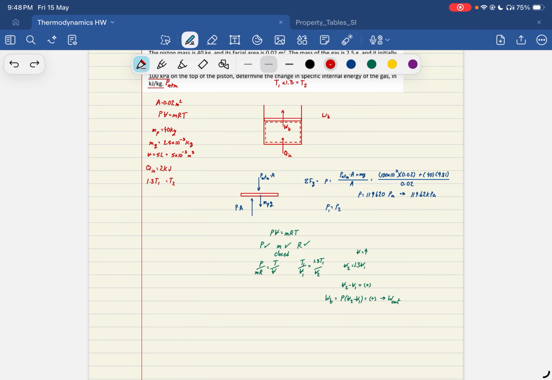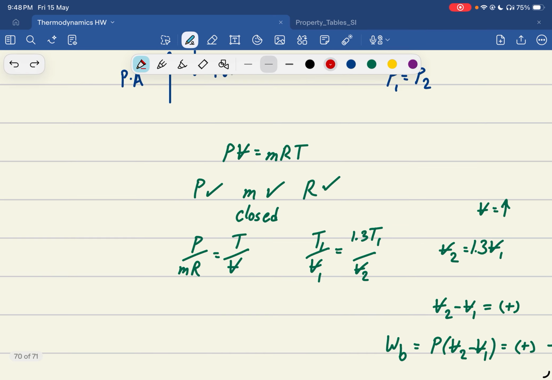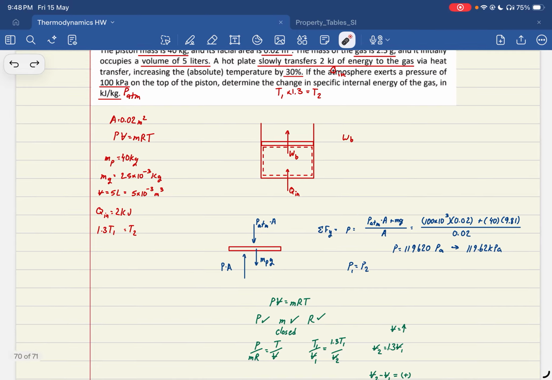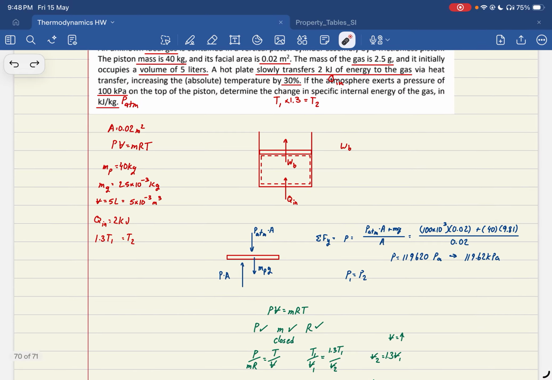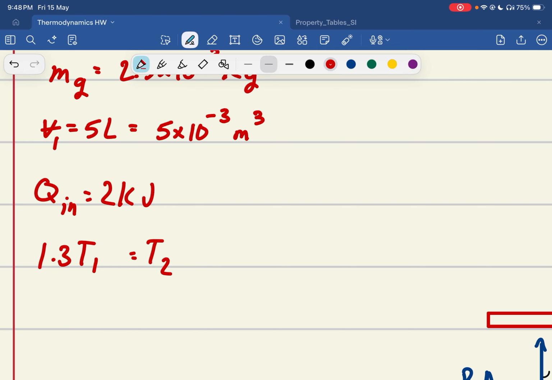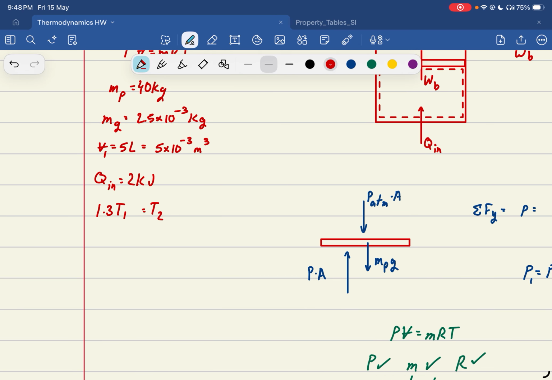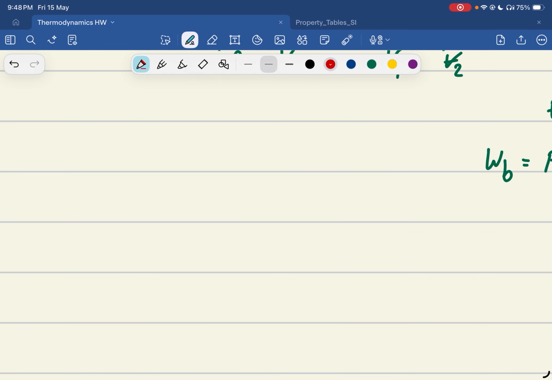Now that we know everything, we can calculate our boundary work. From the ideal gas law, we could figure out our volume. Or no, we don't need to figure it out. We're given V1. So 5 times 1.3 is 6.5. So V2 would equal 6.5 times 10 to the negative 3, and V1 is 5 times 10 to the negative 3.